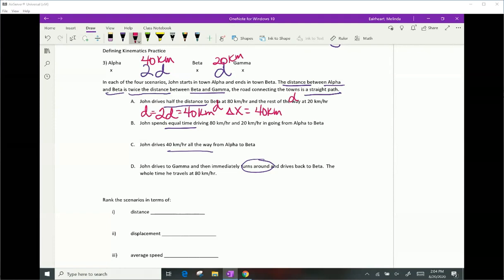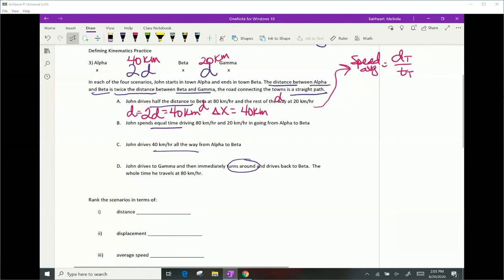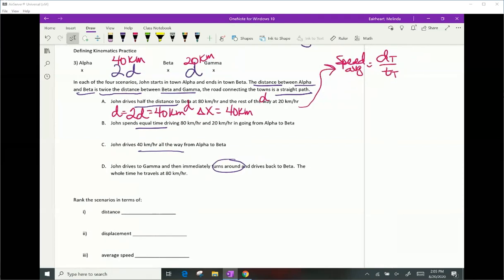There's a couple ways to do average speed. You can do average speed based on the definition, the defining equation, and it would be total distance, which we already know, over total time. We don't know total time, but we can easily figure it out since we designated a distance, okay?